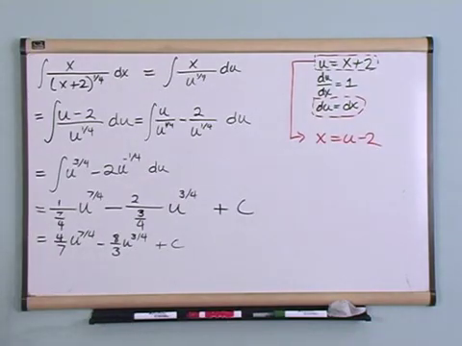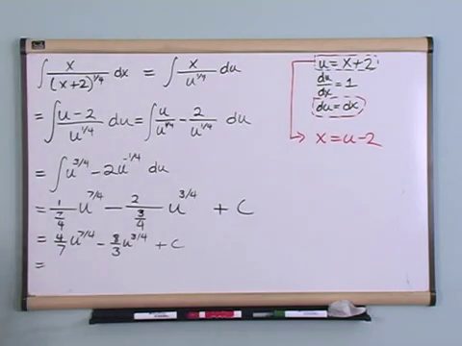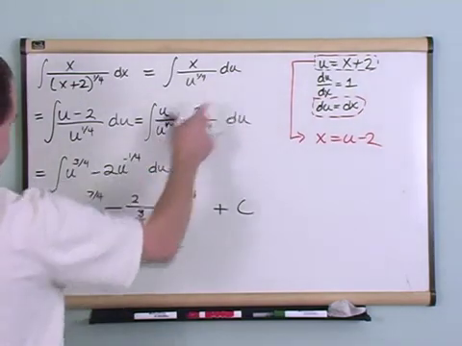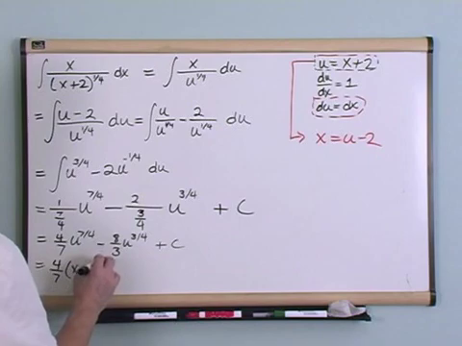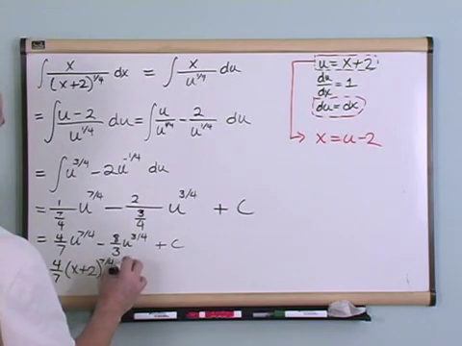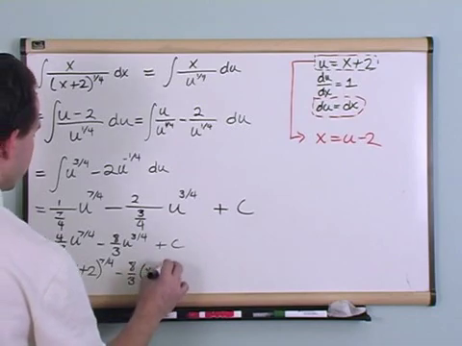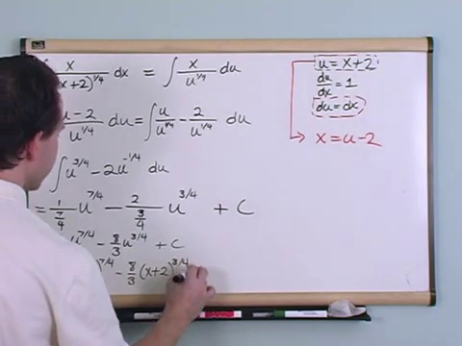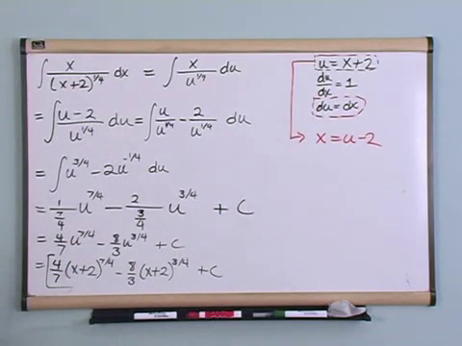Then the only thing I need to do at this point is plug in for u, and then I'm done. So I've got 4/7 (x plus 2) to the 7/4 minus 8/3 (x plus 2) to the 3/4 plus a constant. Now, we got the right answer there.